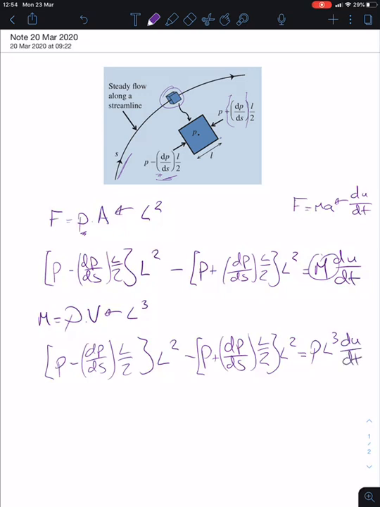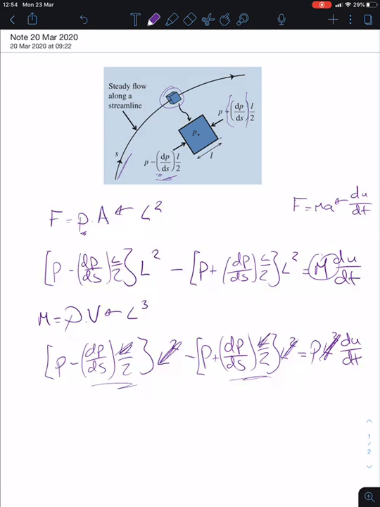Now for each of these terms we've got an L cubed term, so we can cancel out all the L terms, so the size of the cube no longer matters. And then we can do a little bit of rearrangement and cancelling.